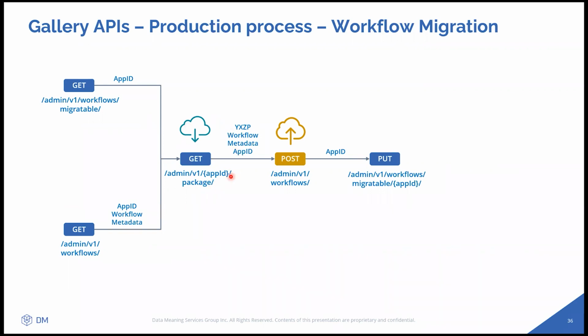So you download the package of the workflow using the API, and then you upload that package using the API on the new server environment. And then you just need to perform another put here to migrate that. Okay, so this is the production process if you want to migrate a particular workflow.